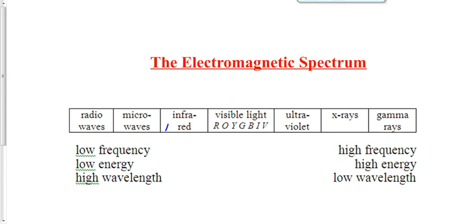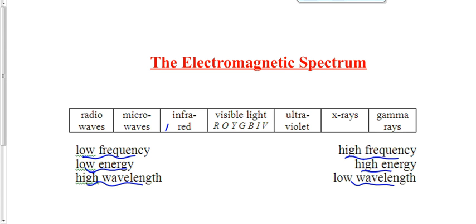The types range from low frequency to high frequency, or low energy to high energy, or in terms of wavelength, it's the other way around actually, high wavelength to low wavelength. They are radio waves, microwaves, infrared, visible light, ultraviolet, X-rays, and gamma rays.